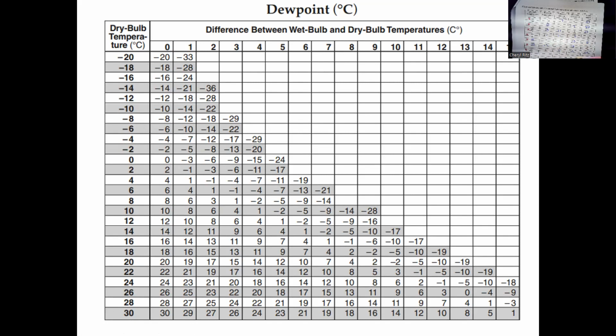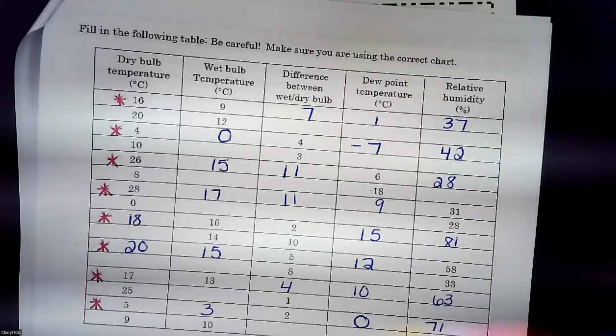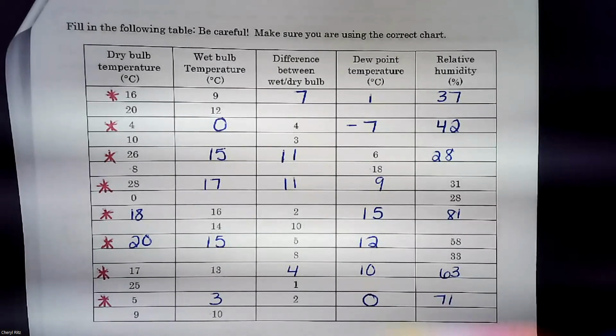And the last one, 5 minus what gives you 2? 5 minus 3 gives you 2, which should give you a dew point of 0 and a relative humidity of 71. So here are all of those answers. Did anybody need me to go through any of them again? Okay. You kind of comfortable with that?